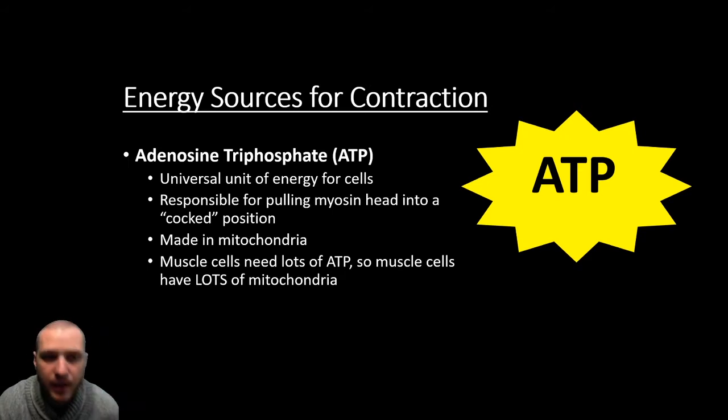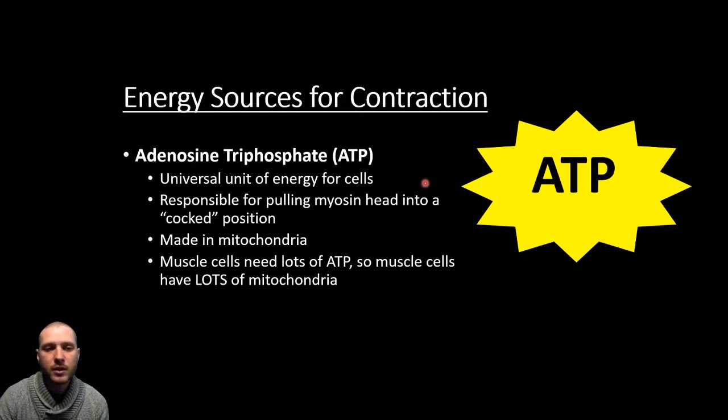So when we talk about how muscles get the energy source for contraction, the main player is going to be ATP. Again, this stands for adenosine triphosphate. And this is going to be the universal unit of energy for all cells. So not just muscle fibers or muscle cells. Every cell in the universe that we know of is basically going to use ATP as their source of energy.